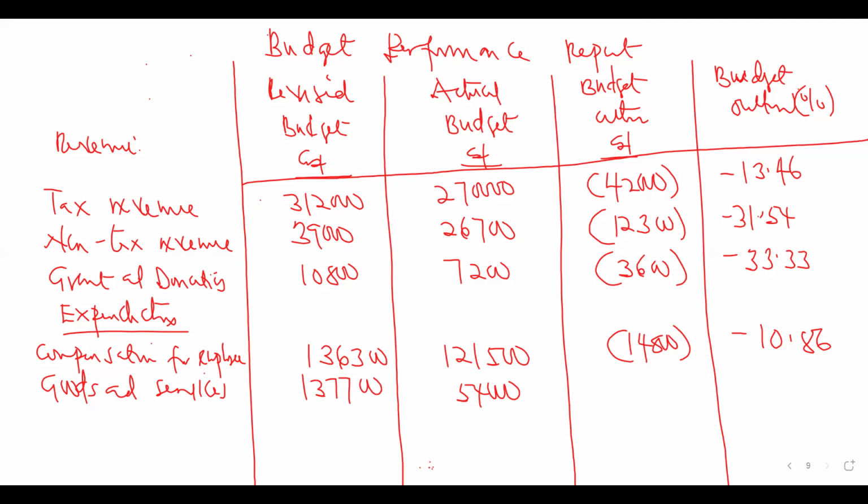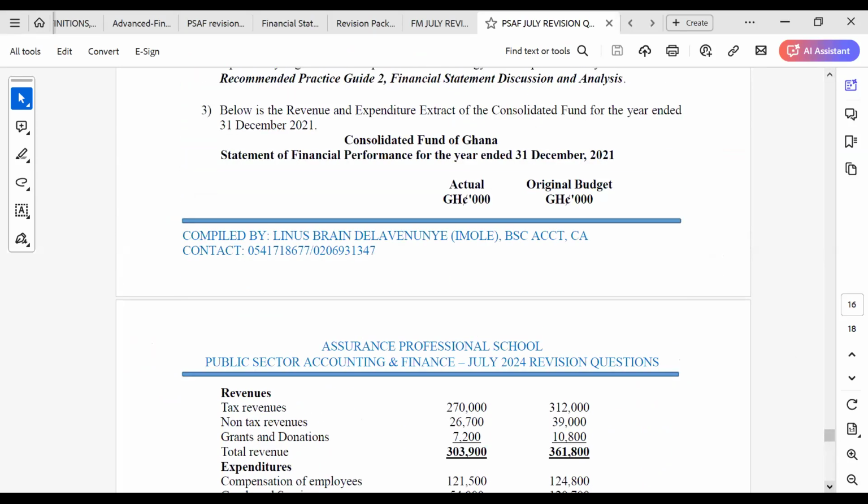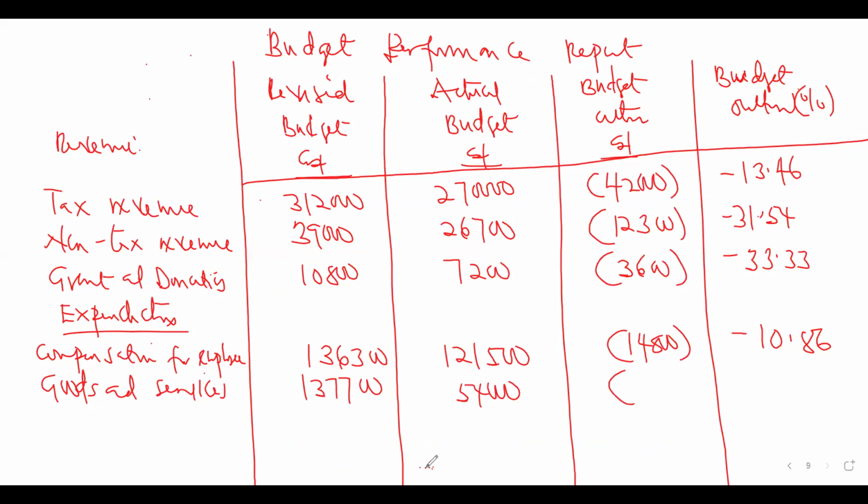So it means that the actual is the first one. Original. Okay. So it means that there's a reduction by how much? What is the reduction? 83,700. What will be the out-turn? 60.78. Hey, the reduction is too much.